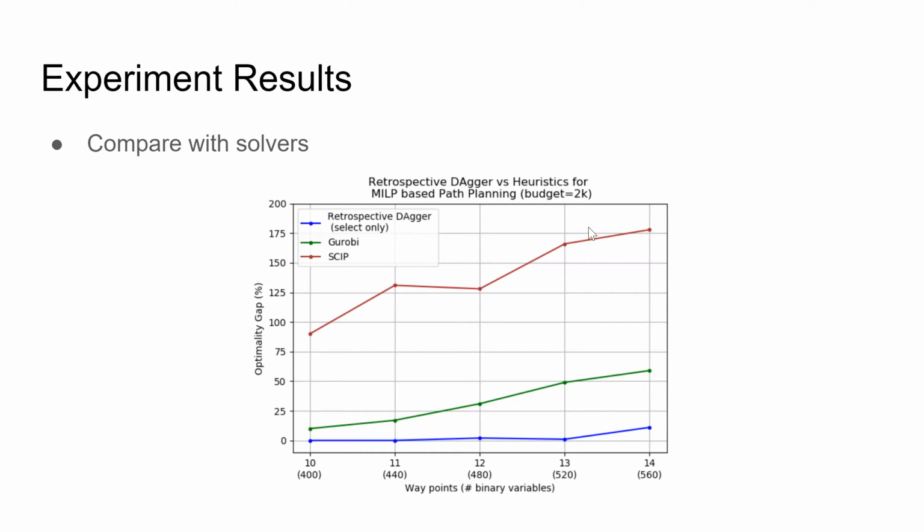Here we have a budget of 2K. So given we only explore 2,000 nodes, we can obtain a much lower optimality gap compared with the existing solvers. This is an indication that the data-driven approach we employ is able to learn a much more effective node selection policy compared with manually designed heuristics.